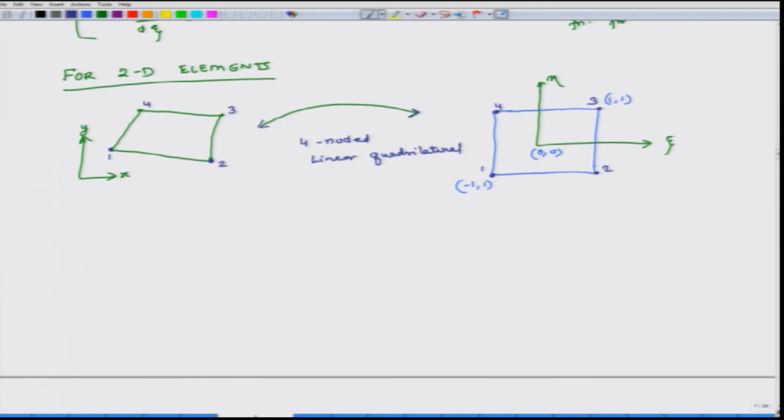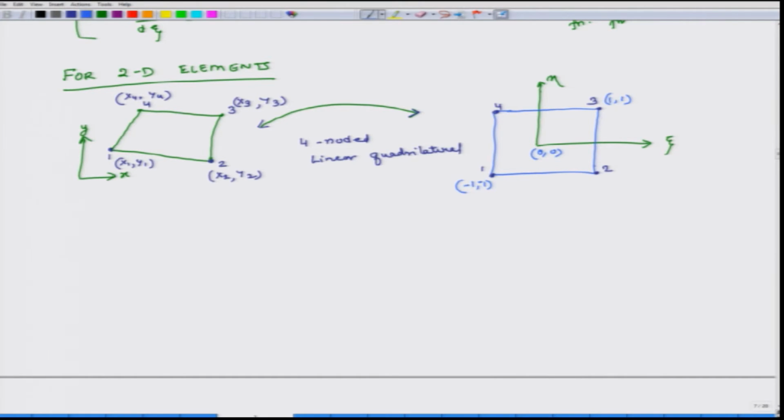And the coordinates of this 4 noded quadrilateral are x1 y1, x2 y2, x3 y3, x4 y4. So, node 1 in this original actual coordinate system gets mapped to -1 -1 in this zeta eta domain, and so on and so forth.